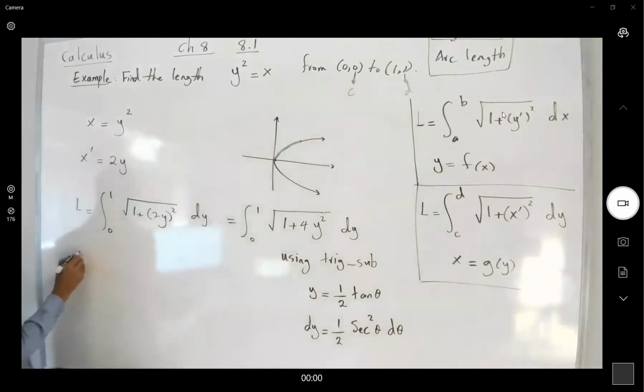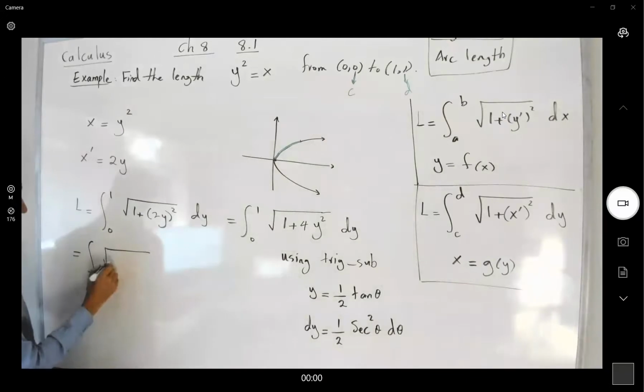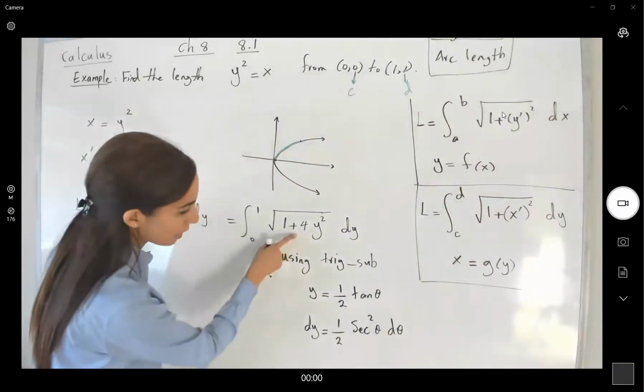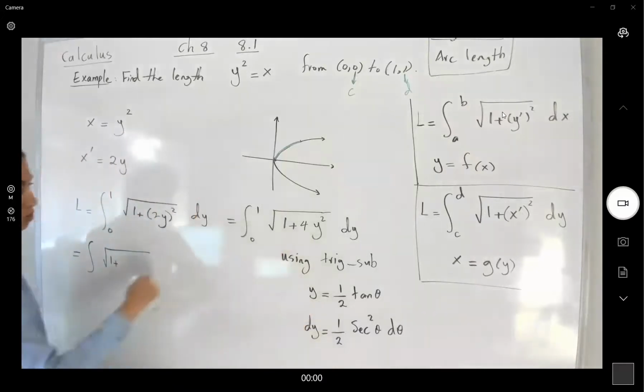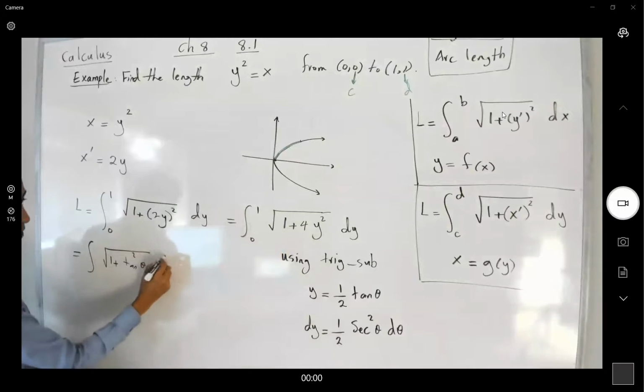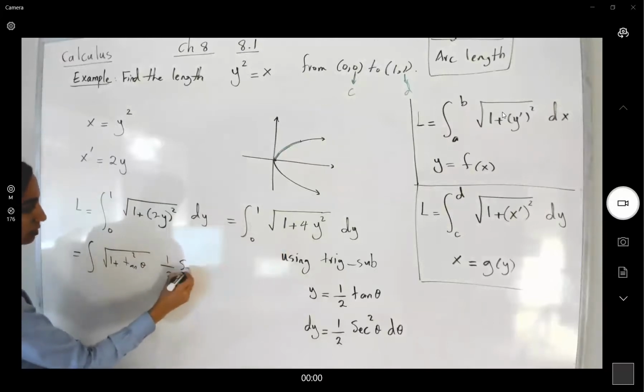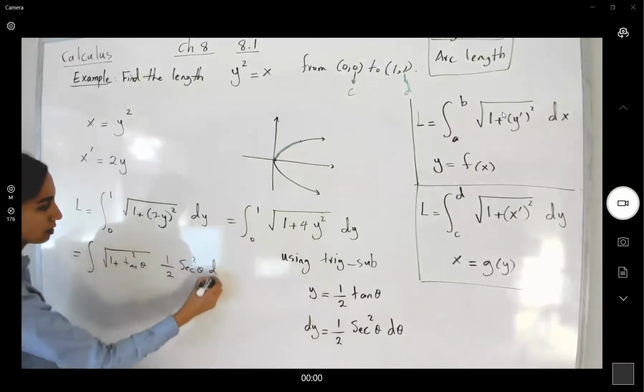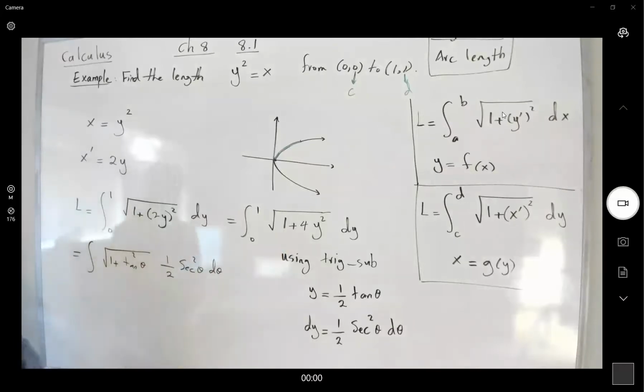Your L is equal to the integral of the square root of 1 plus 4y squared, so you can cancel out these two, 1 plus tangent squared theta, times a half secant squared theta d theta.